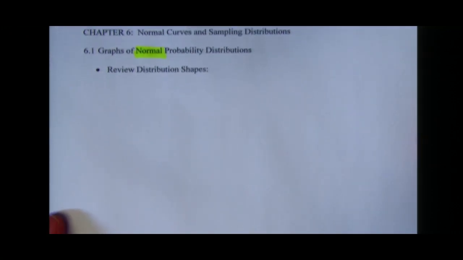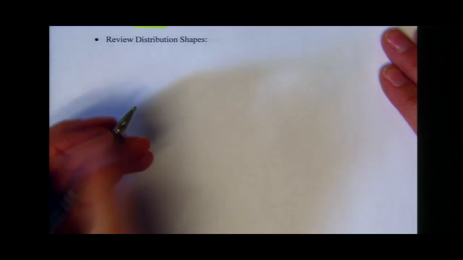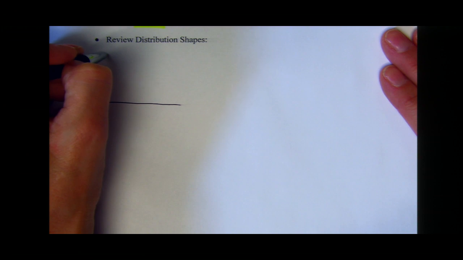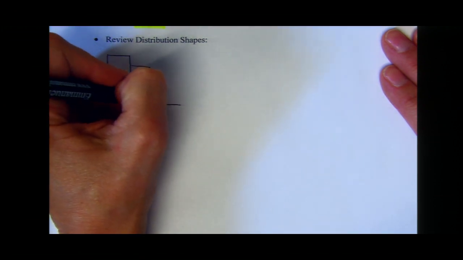So what we're going to do first is review all the different distribution shapes. When we created histograms back in Chapter 2, we talked about all the different distribution shapes. So I'm just going to give rough drafts of some of those.